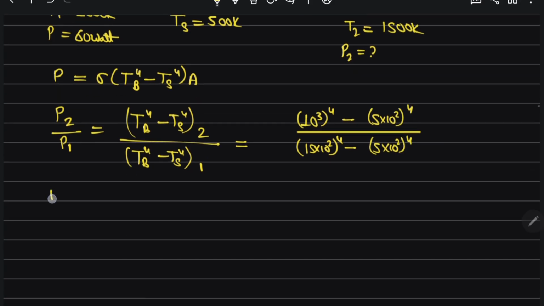So P2 is equal to P1, 60. So 10 to the power 12 minus 5 to the power 4, 625 into 10 to the power 8.